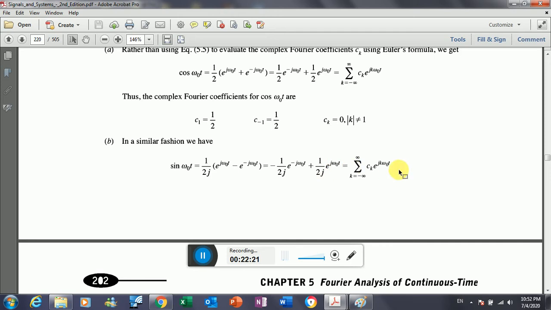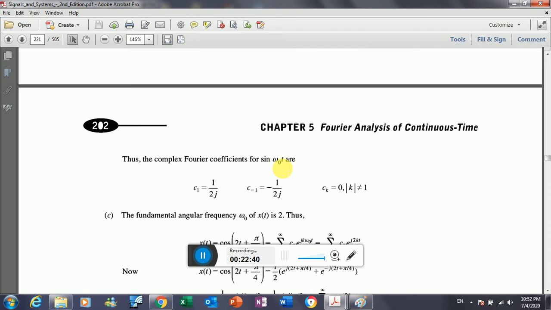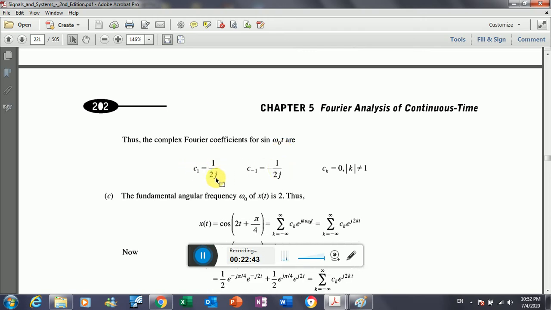Then separating the terms and comparing it again with this signal, here k is equal to 1 and C1 is equal to 1 over 2j, and here k is equal to minus 1 and C of minus 1 is equal to minus 1 over 2j. So C1 is equal to 1 over 2j and C of minus 1 is equal to minus 1 over 2j. And all other Ck are equal to 0 for k is not equal to 1 or minus 1, right?